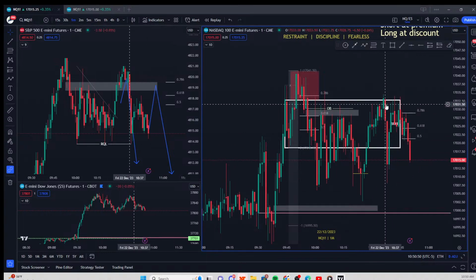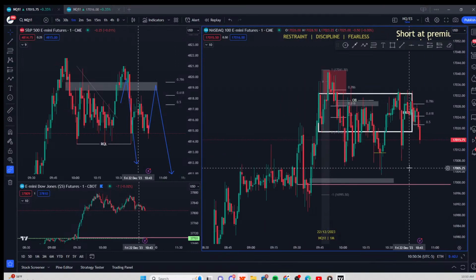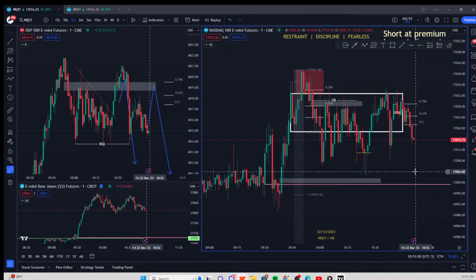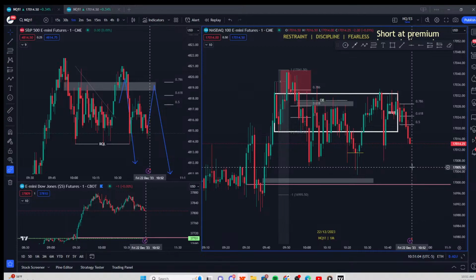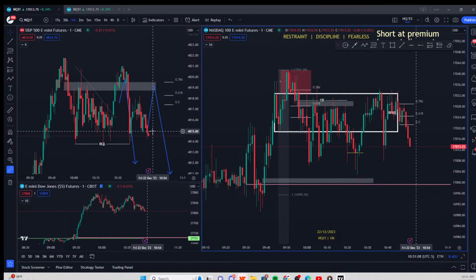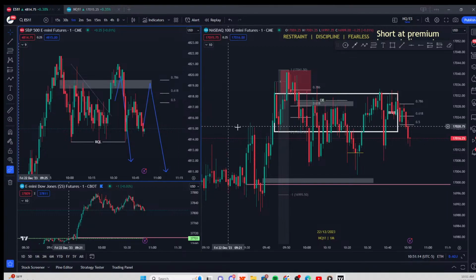And the macro time is about to make things move a little bit here. Find a direction, find liquidity. Probably equal lows about it ran here. Hit the 0.618 perfectly too.